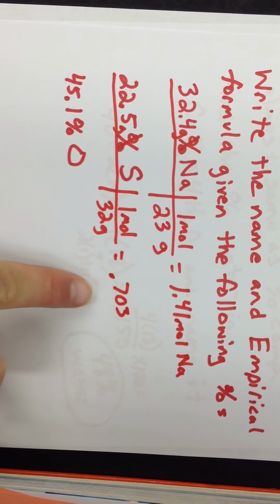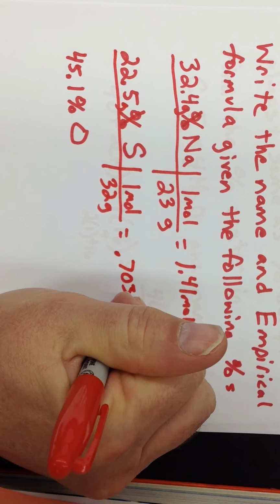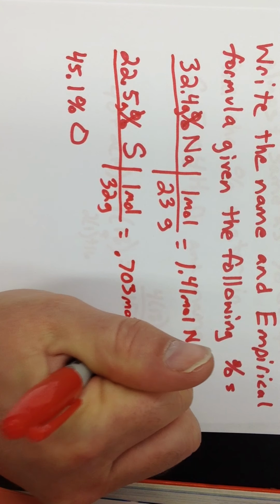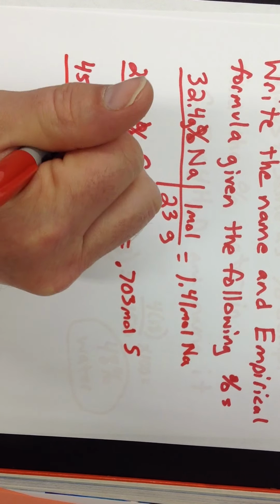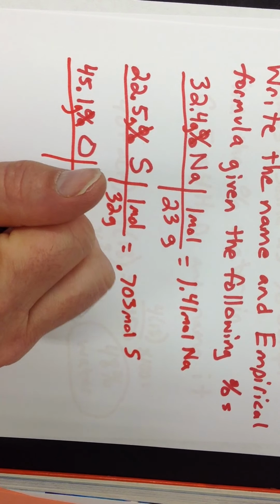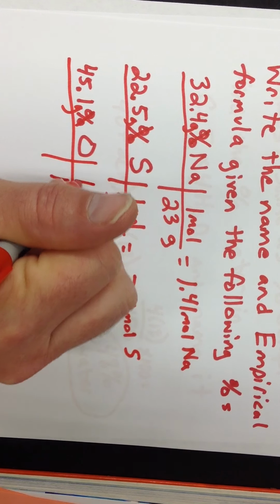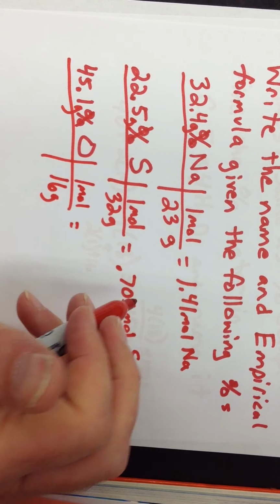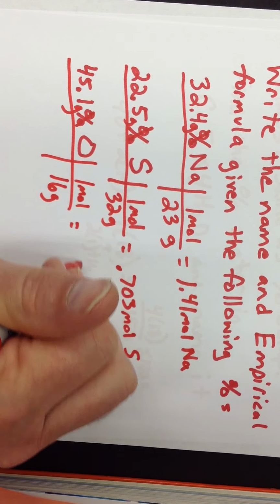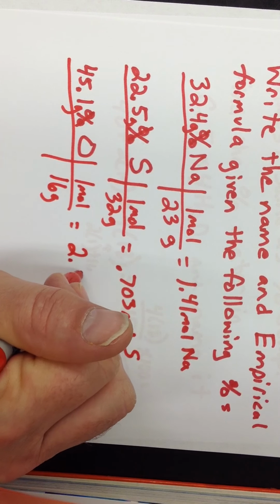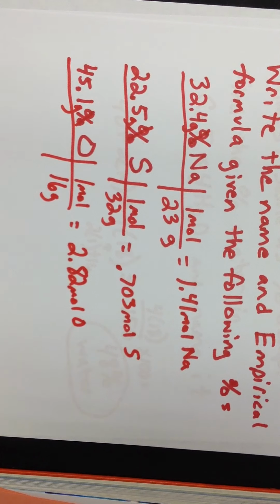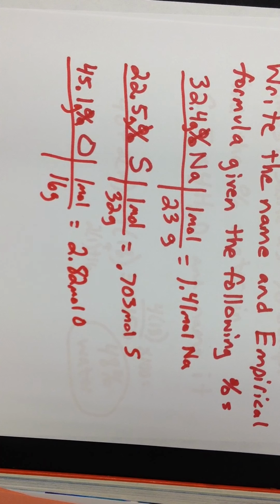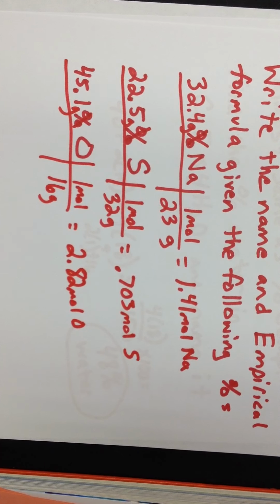We had 3 sig figs here, so I'm going to put 3 there, just to have it. Moles of S. Lastly, what do we do again? Change that to grams. 16 grams. That came from the periodic table. 1 mole. And that number would give me 2.82 moles of O.